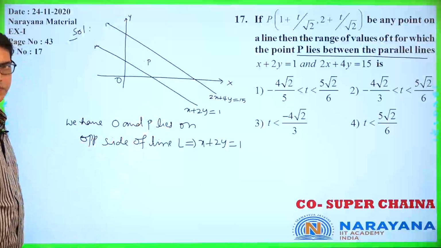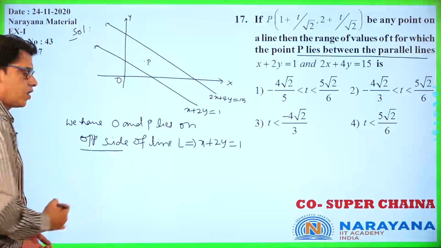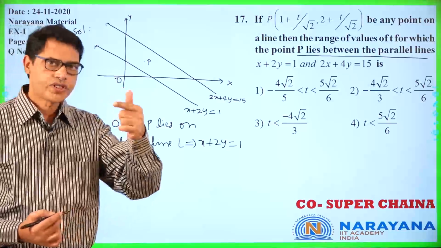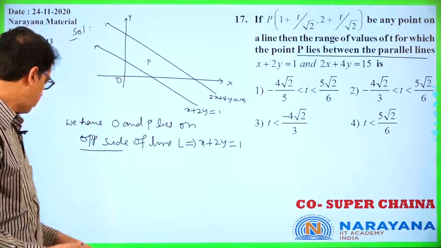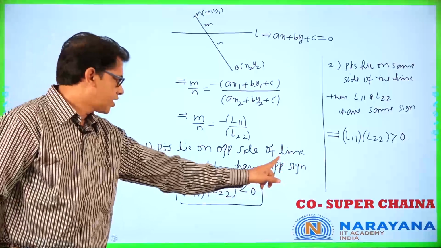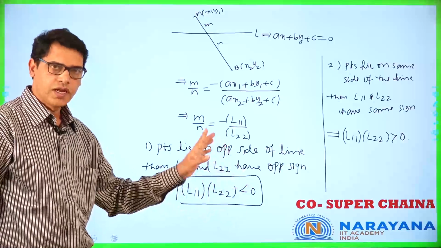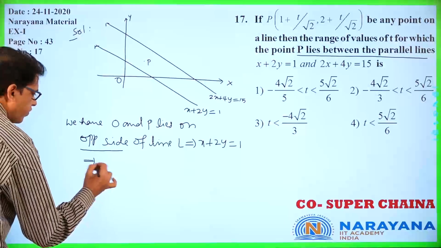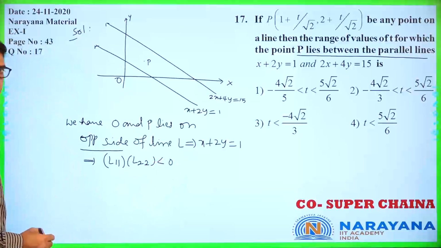If you take this one as L, I have given the condition opposite sides. Opposite side means opposite signs. Opposite signs means their product must be less than 0. See, opposite side means L11 into L22 is less than 0. So if you apply that, we have L11 into L22 less than 0.